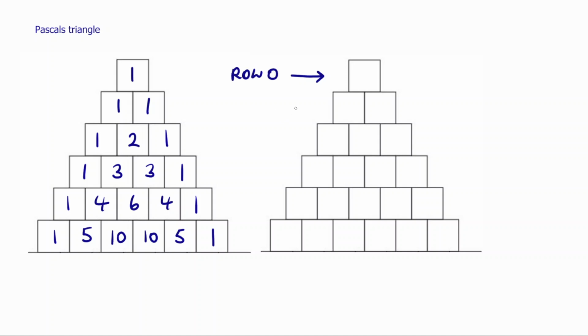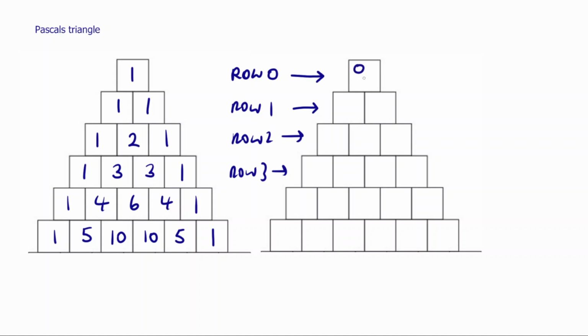See why in a minute, it just makes the formula work out easier. This is going to be row 1, and then the next row will be row 2, row 3, and so on.